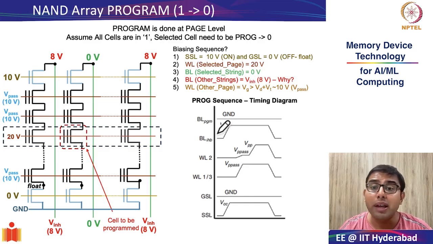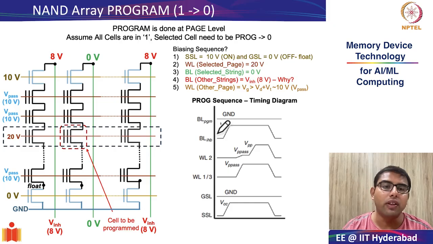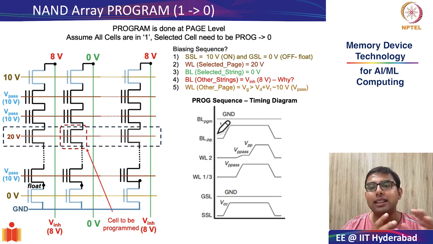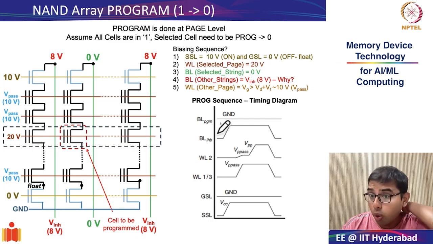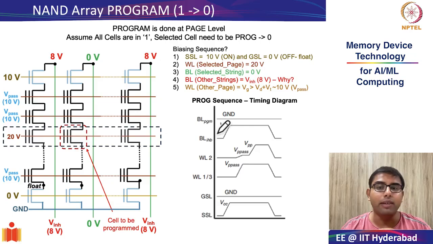So let's have a very brief recap of what we studied the last time around. We were looking at the program operation of the NAND flash cell, both at the cell level and at the array level. At the cell level, we saw how the dominant transport mechanism was Fowler-Nordheim tunneling.